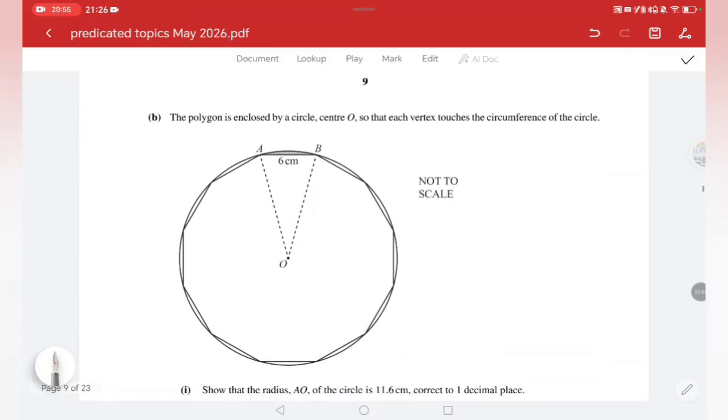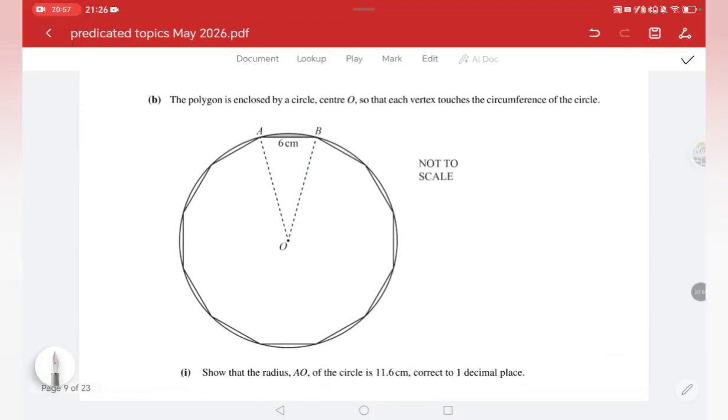Now in part B, the question is show that the radius AO is 11.6. So we need to find this radius. Before starting, we know that every interior angle here is 150. So this one is 150, so this one's 75 degrees and this one's 75 degrees.